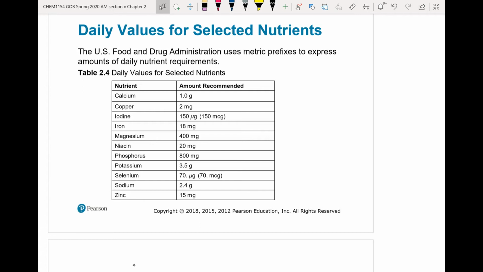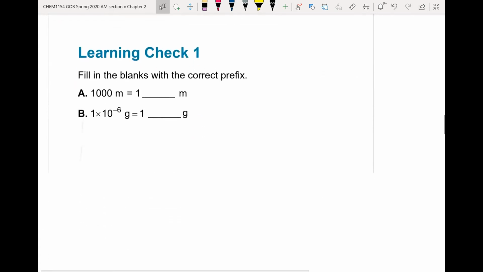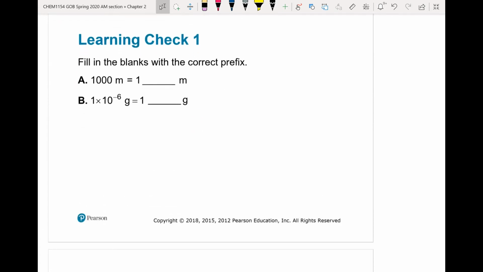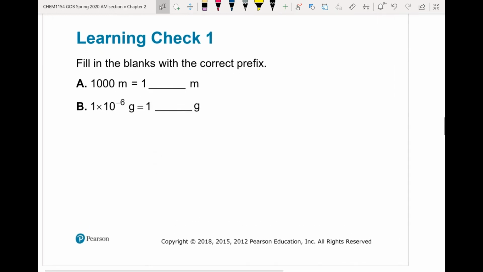Now, as we start getting deeper into this class, we're going to make a lot more sense of not just the numbers in terms of their relative amounts, but also the names of some of the chemicals or the substances that you actually use. All right, let's do a quick short-term memory check here. 1,000 meters equals, what's the prefix for 1,000?